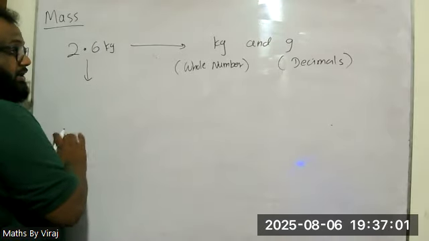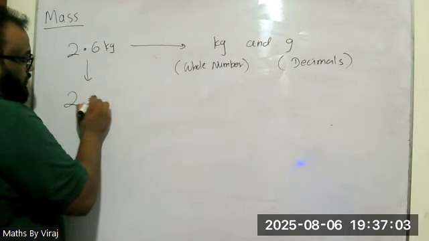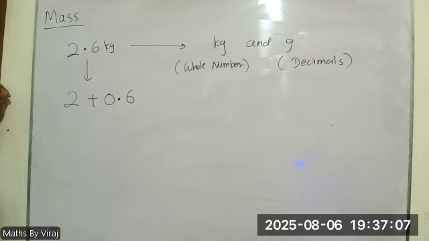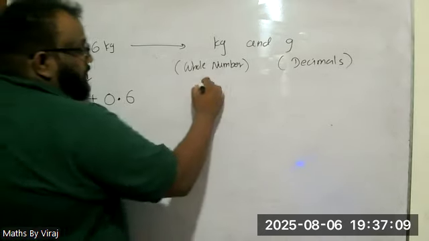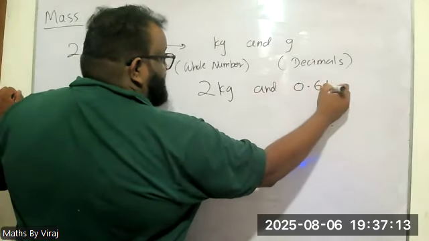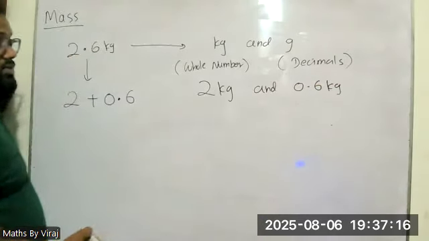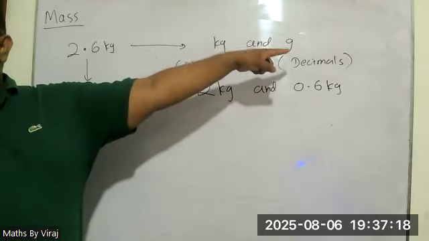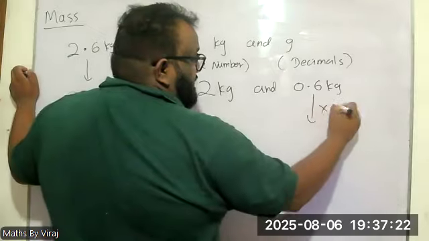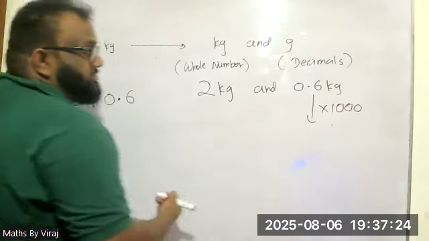2.6, in your head you can break it down like 2 plus 0.6. So it is 2 kilograms and 0.6 kilograms. Now we have to leave the answer in grams. Therefore, we multiply this by 1000.